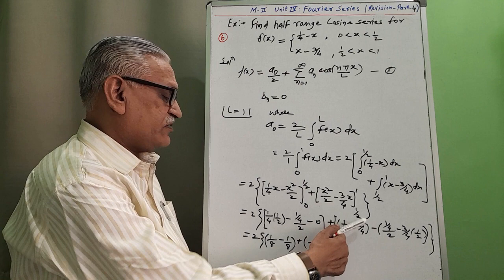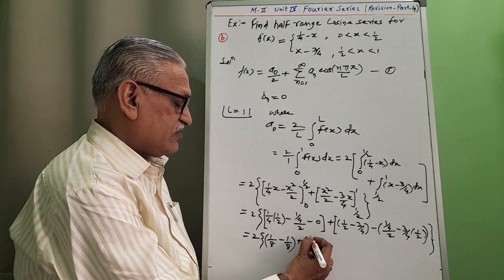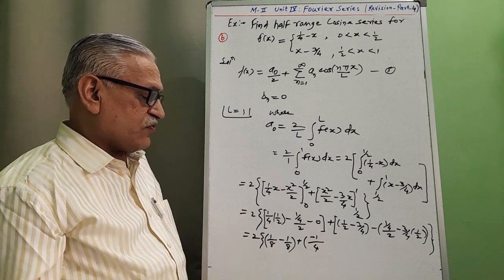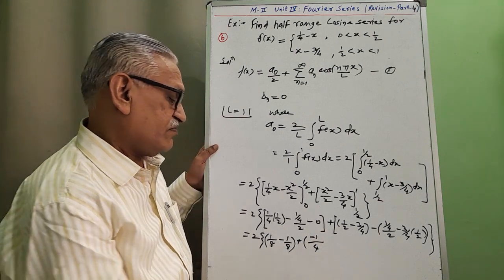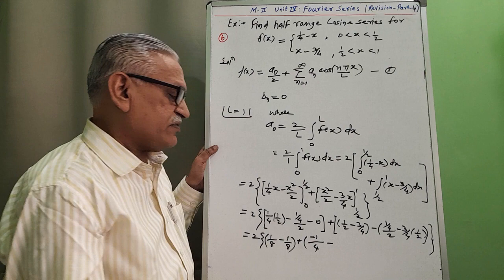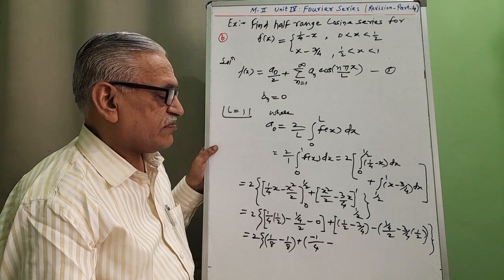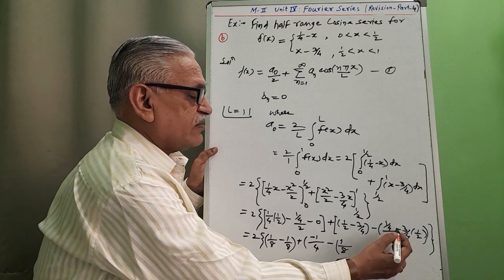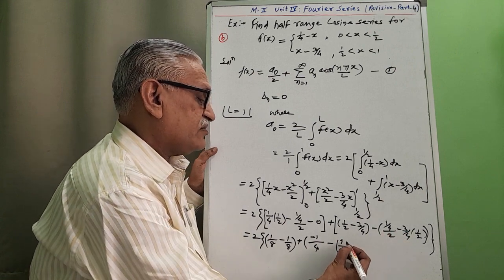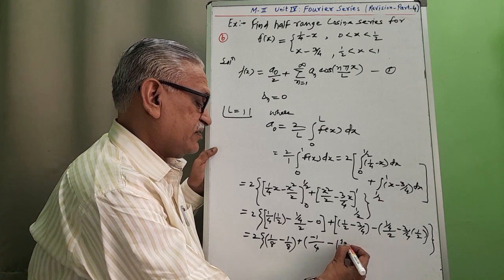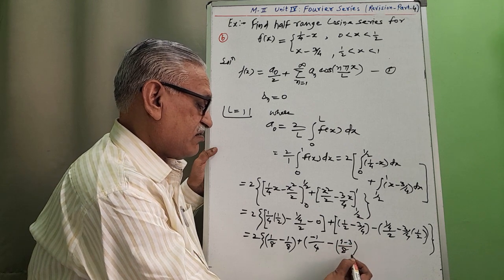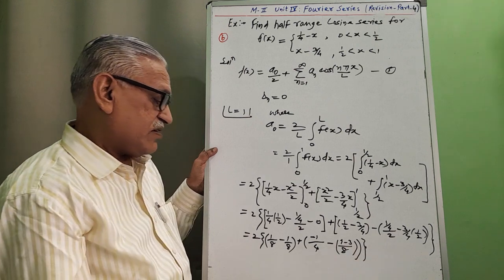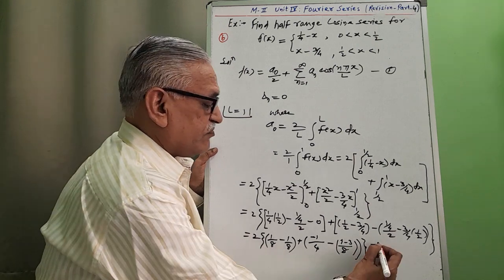Here it is 2 minus 3. 2 minus 3 we get minus 1 by 4, and minus 1 minus 3, this one is 0.